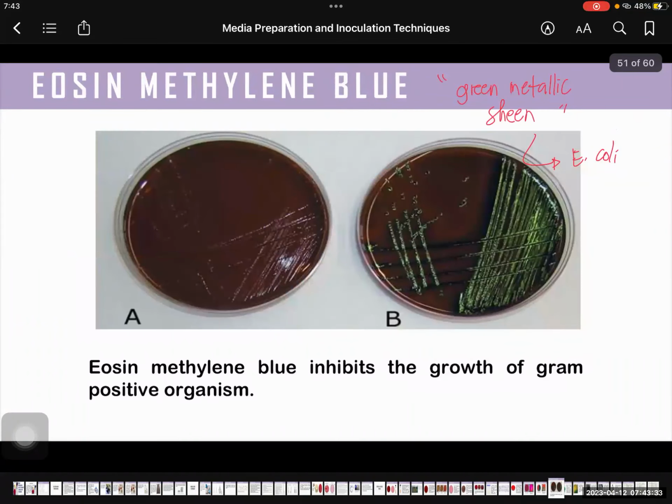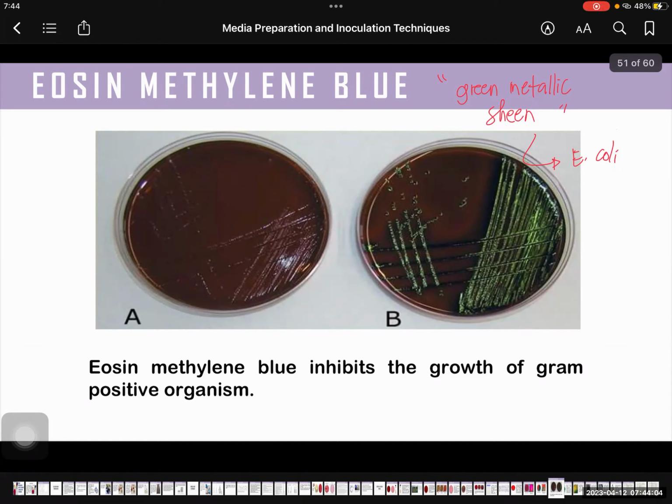We also have eosin methylene blue. So eosin methylene blue inhibits the growth of gram-positive organisms. So EMB is also used for the growth of gram-negative organism, particularly the family of Enterobacteriaceae. But EMB is a very, very good media to cultivate E. coli or Escherichia coli because it has that characteristically green metallic sheen.